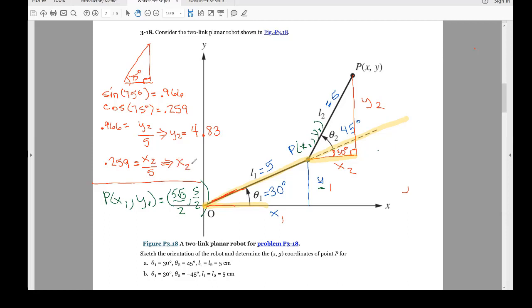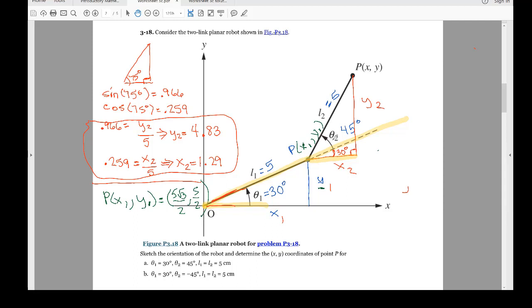So x2 is equal to 1.293. Okay, so 1.29 is fine. Okay, so now I know my x and my y value.